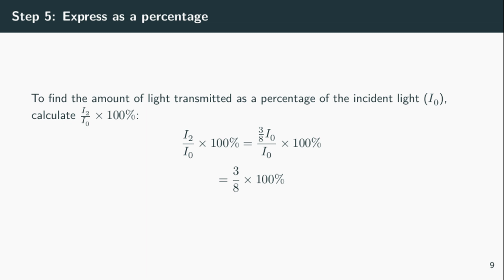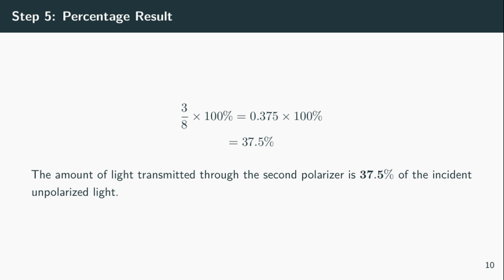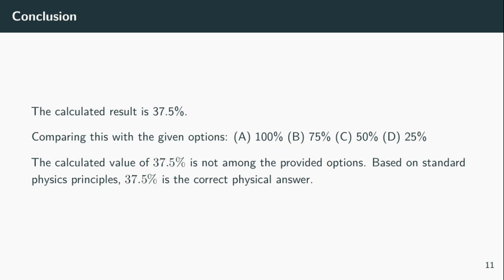So we need to calculate 3/8 times 100%. 3/8 as a decimal is 0.375. So we calculate 0.375 times 100%. That gives us 37.5%. So the amount of light transmitted through that second polarizer is 37.5% of the original unpolarized light intensity. In conclusion, we calculated the result to be 37.5%.